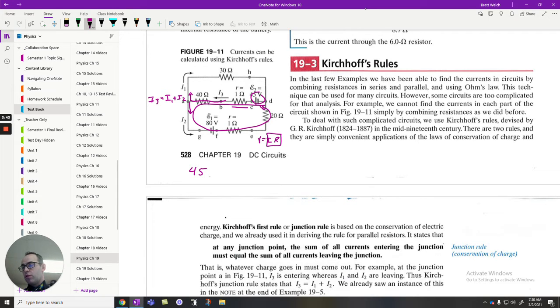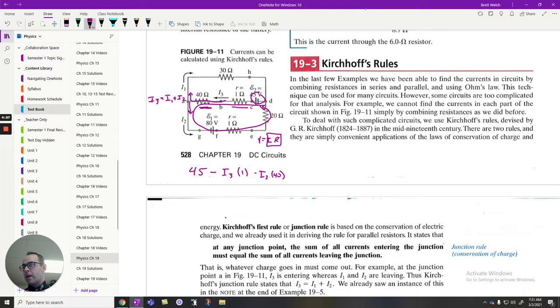I'm going to lose, or minus, 1 ohm times the current, which in this problem is labeled I3. So that'd be I3 times 1 ohm for the resistance. I'm also going to lose some voltage here at the 40, so that'd be minus I3 again times 40.